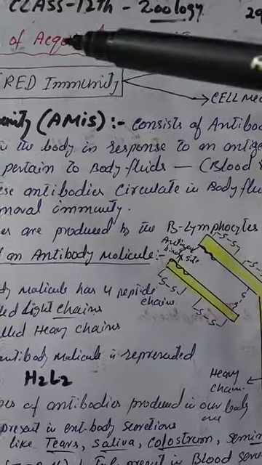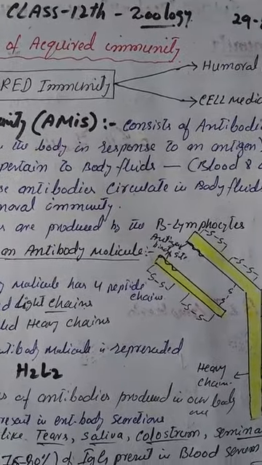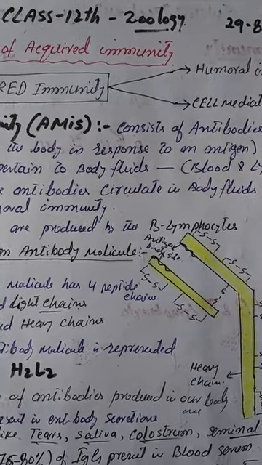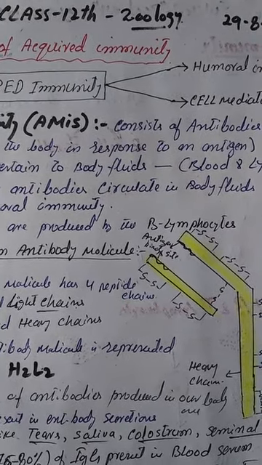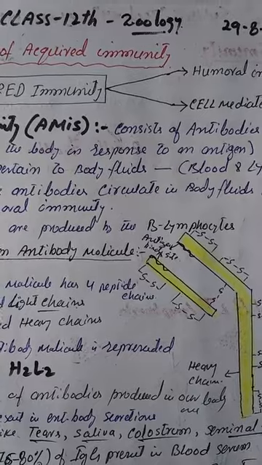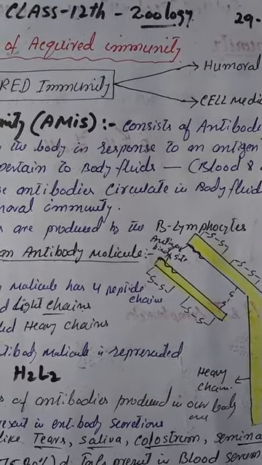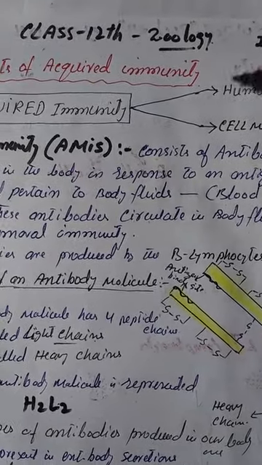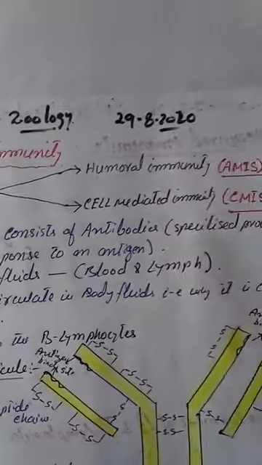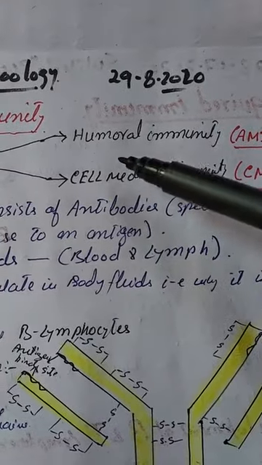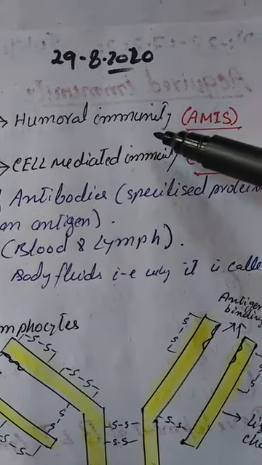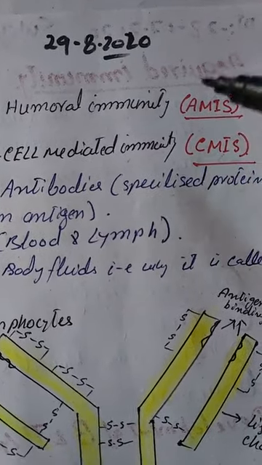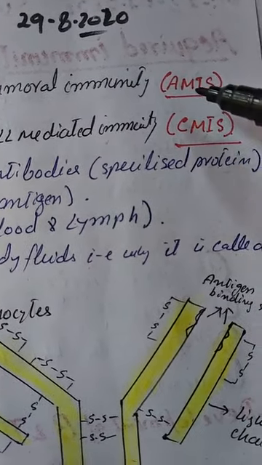Now the acquired immunity, as you know, is that type of immunity which is obtained by an organism after birth. And this acquired immunity is basically of two types: humoral immunity, also known as antibody mediated immune system, abbreviated as AMIS.